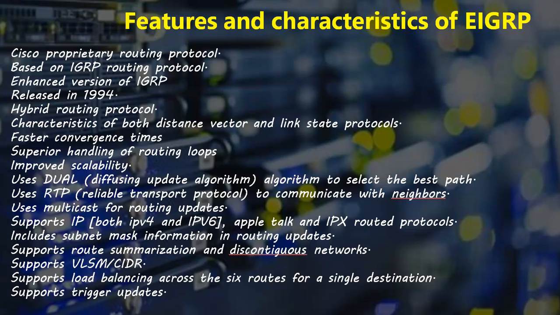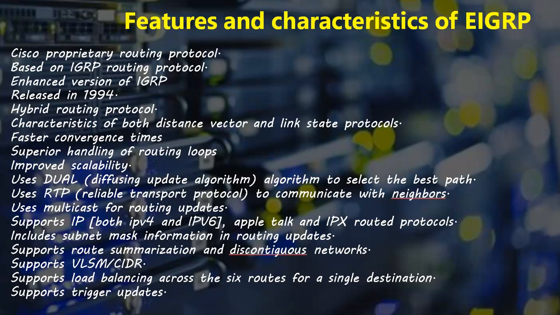That means class D IP addresses, so multicast IP addresses for routing updates. EIGRP supports both IPv4 and IPv6, and also many other network layer protocols like AppleTalk and IPX. So it can support everything.